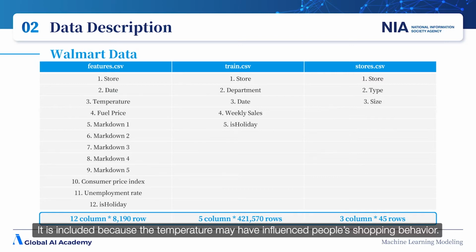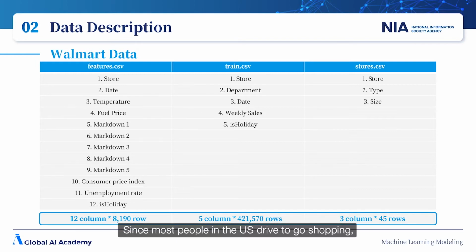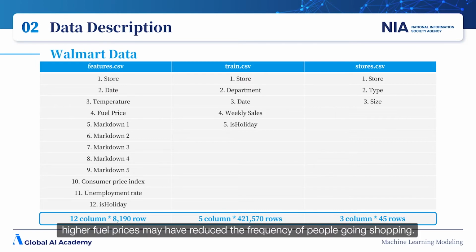It is included because the temperature may have influenced people's shopping behavior. There are also fuel prices. Since most people in the US drive to go shopping, higher fuel prices may have reduced the frequency of people going shopping.